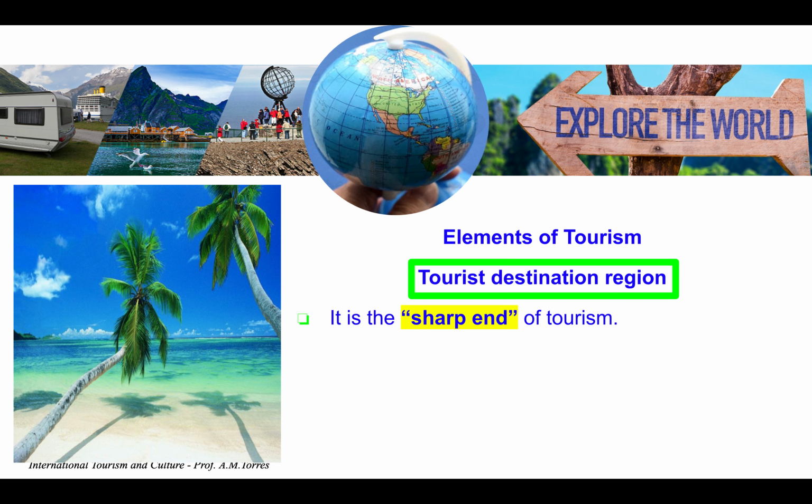What is the meaning of sharp end? Sharp end would mean it can make or break your experience. Sharp end would mean whatever you have promised, whatever you have advertised to the tourist should be something real. Or maybe it's real, but if it does not satisfy the tourist, then there will be no return.